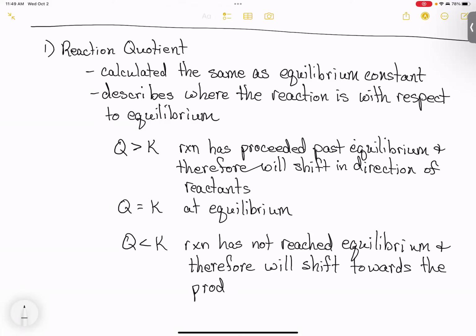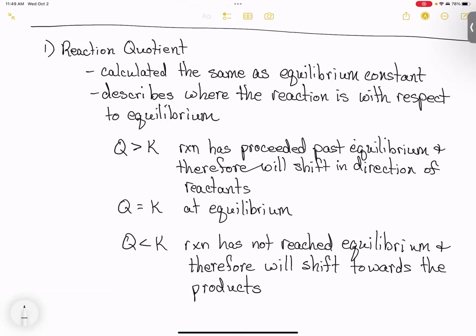So what we're going to do first thing on Friday is calculate some reaction quotients. We're going to compare them to the equilibrium constant and determine where the reaction is with respect to equilibrium and which direction will shift.